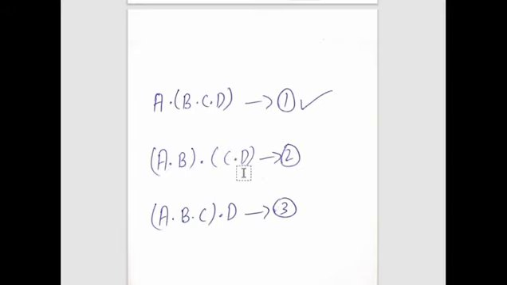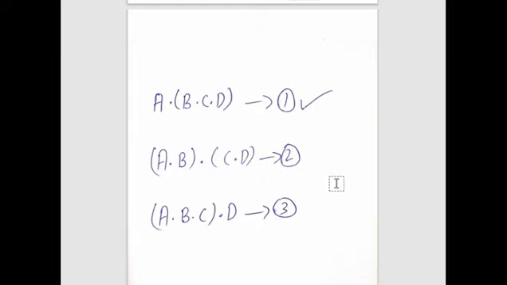The third possibility can be that we take three matrices A, B, C on the left side and D on the other side and multiply the results. These are the three possibilities or the parenthesizations we can do in order to get the minimum cost of the matrix chain multiplication using the dynamic programming.